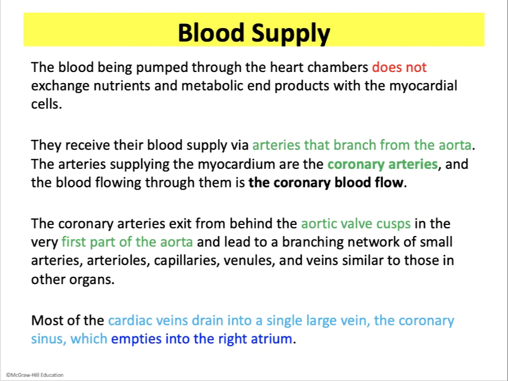Amazingly, even though the heart is constantly full of blood, it cannot obtain its nutrients or eliminate its waste into that blood. As with other organs, it has to have its own private supply of blood, and that blood originates in arteries that branch from the aorta as soon as the aorta leaves the heart. And those are familiar to us as coronary arteries, and they are the ones that cause problems when they get blocked.